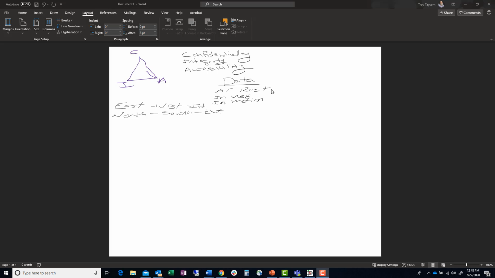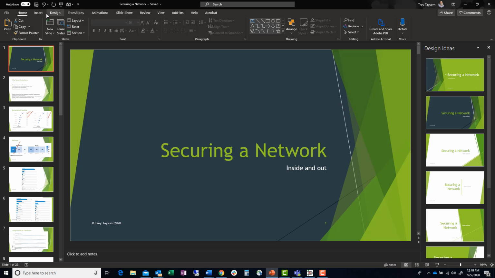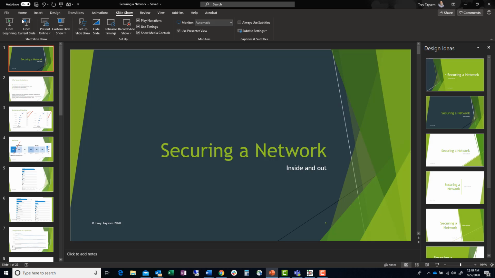Network hardening has several different components to it, and I think the easiest way to cover them is a slide presentation that I've already put together. We can go ahead and take a look at this.